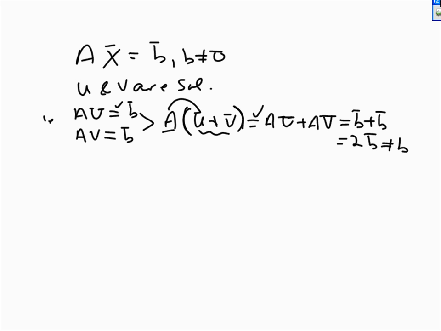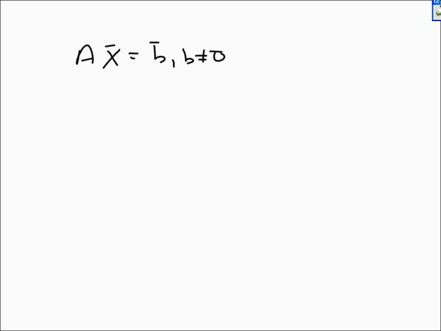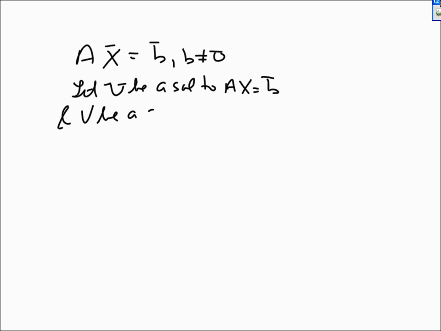Now, while we're here, let's go a little bit further. Let U be a solution to AX equals B, and V be a solution to the corresponding homogeneous system.